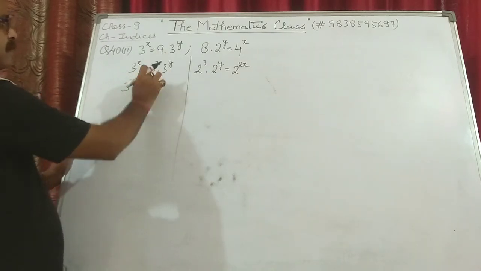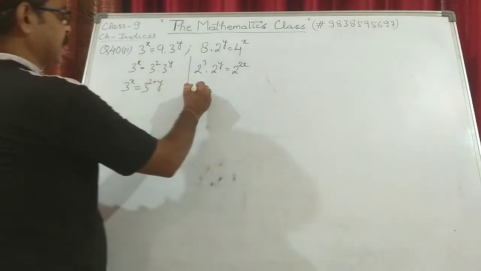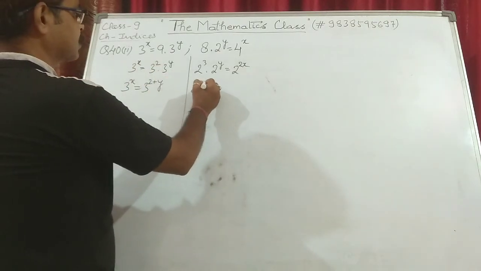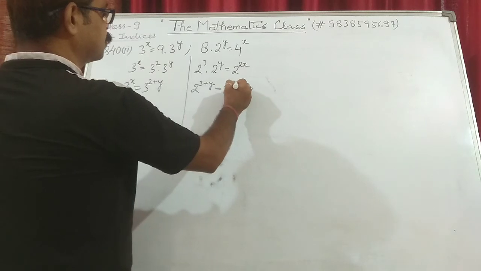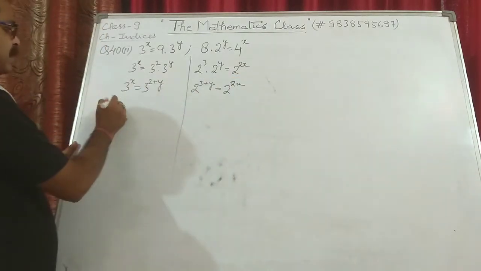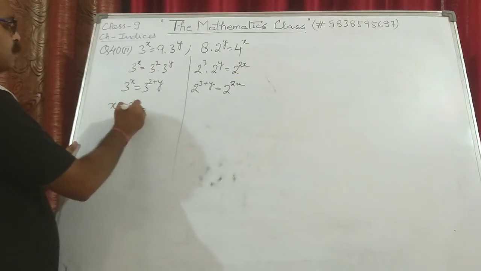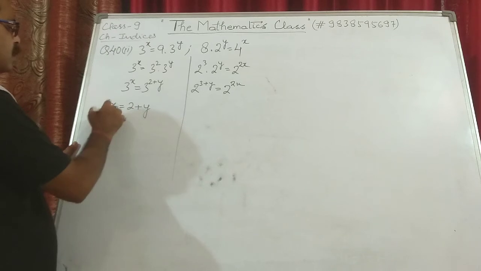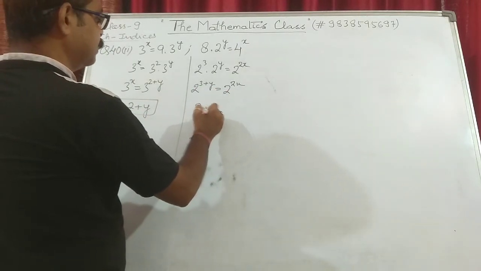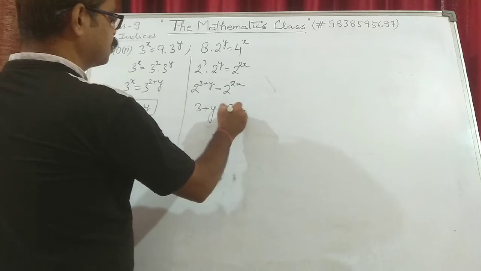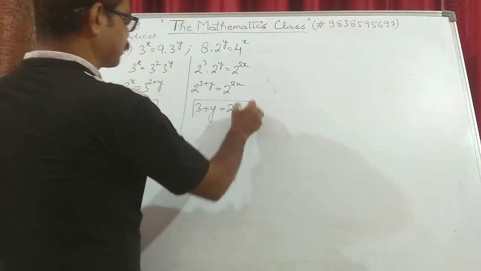Bases are same, powers are different, multiplication is there, so they will get added. Similarly, 2 to the power 3 plus y is equal to 2 to the power 2x. In this bases are equal, so we can say x is equal to 2 plus y. We got one equation. And in this bases are equal, so we can say 3 plus y is equal to 2x. This is again one equation.